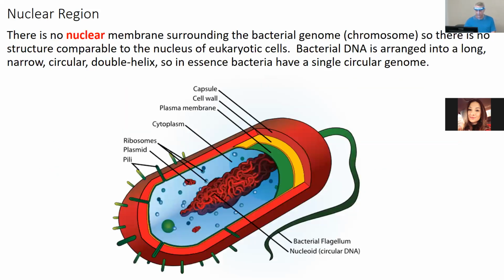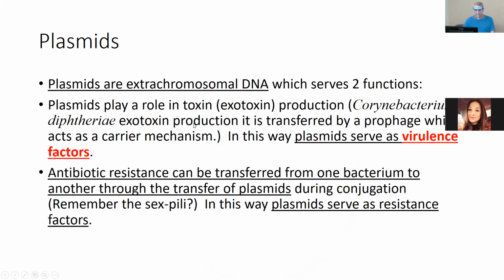If you look, you see something over here called a plasmid. A plasmid is like a little piece of genetic material. It's extrachromosomal DNA that serves two functions. One is a role in toxin production, especially with Corynebacterium diphtheriae, and it's transferred by a prophage, which acts as a carrier mechanism.